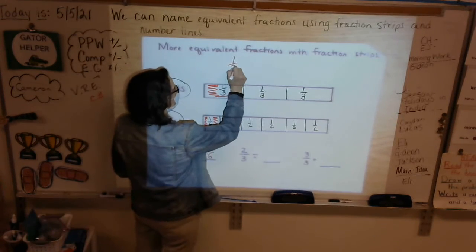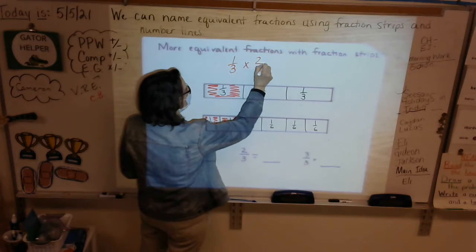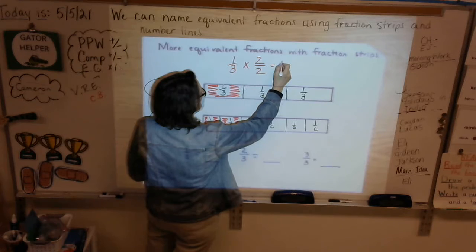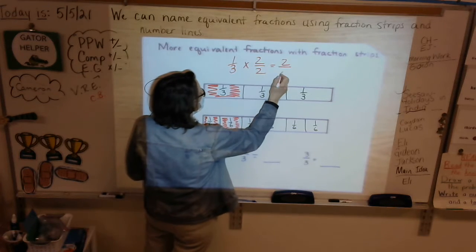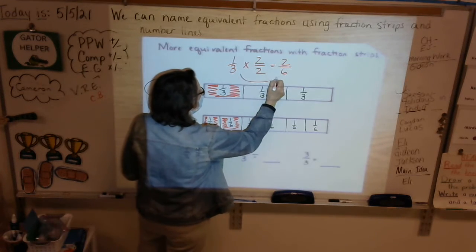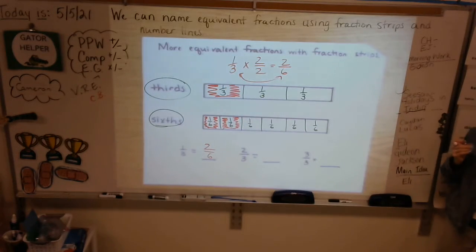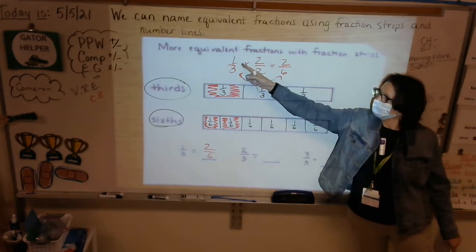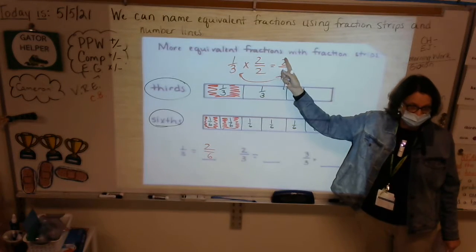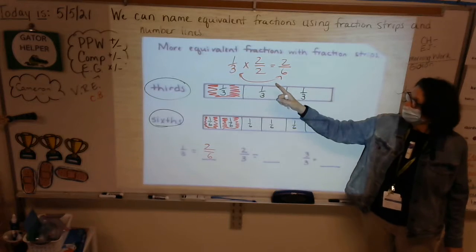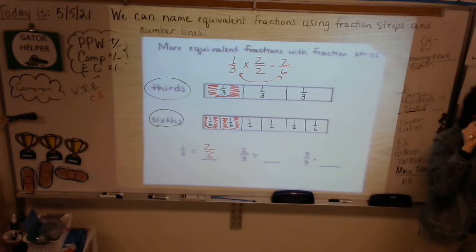If I take 1/3 and multiply both the numerator and the denominator by 2, 1 times 2 is 2, 3 times 2 is 6. There's your equivalent fractions. Nice job, bud. What did we do? We multiplied the numerator by 2 and got 2. We multiplied the denominator times 2 and got 6. 1/3 and 2/6 are equivalent fractions.